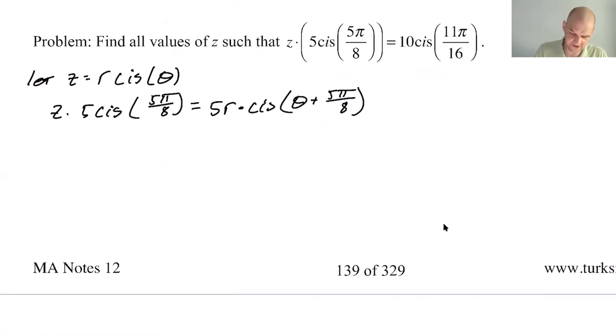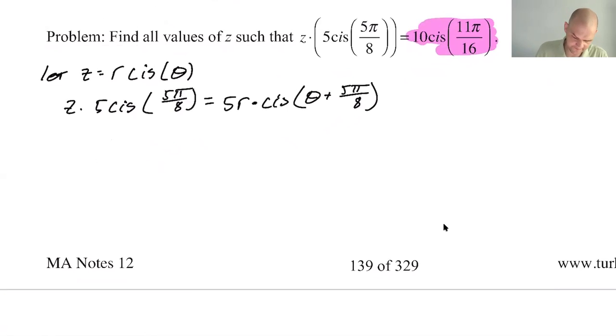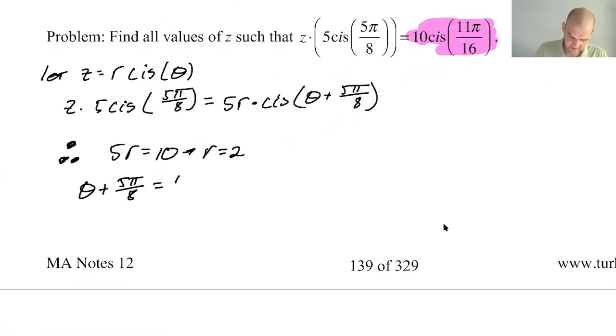Now, this is all supposed to be equal to 10 cis 11 pi over 16. Therefore, 5r should equal 10, so r should equal 2. And theta plus 5 pi over 8 should be equal to 11 pi over 16.